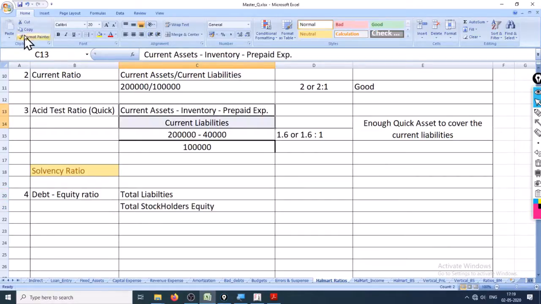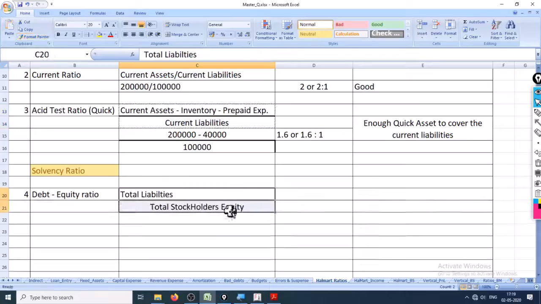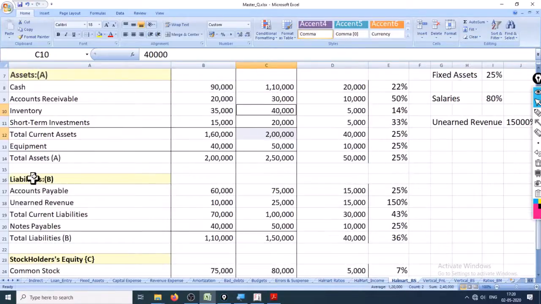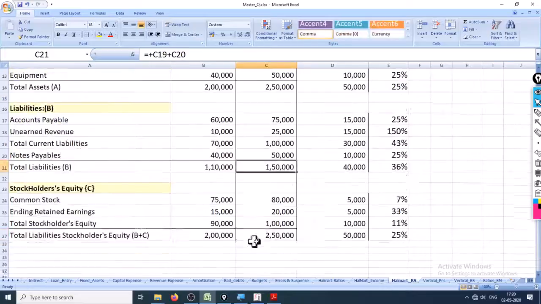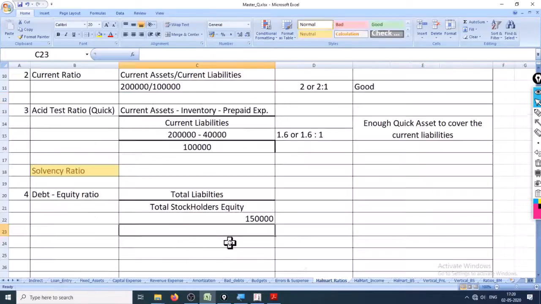Let's apply this formatting here. Looks good. How much is the amount of total liabilities of Hallmark? Total liabilities is 1,50,000. Equal 1,50,000 divided by stockholders equity, which is 2,50,000.